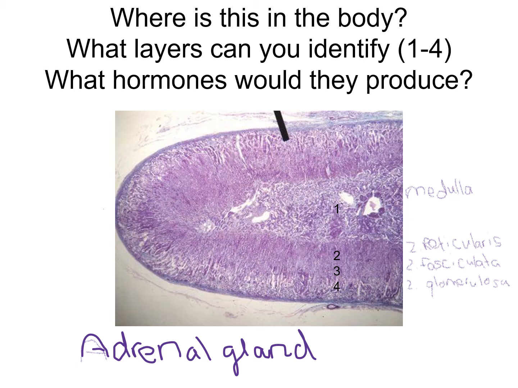No clue? Well, you know it's an endocrine gland, right? So what endocrine gland could you have possibly learned about that has 4 layers to it? Glomerulosa. Yes, keep going.